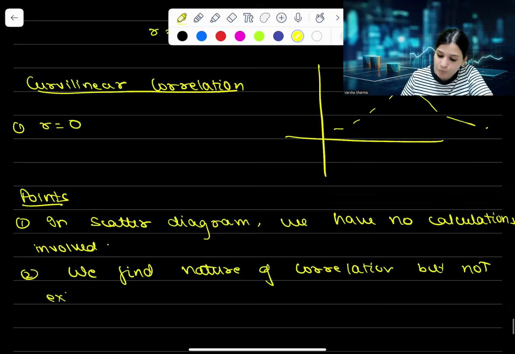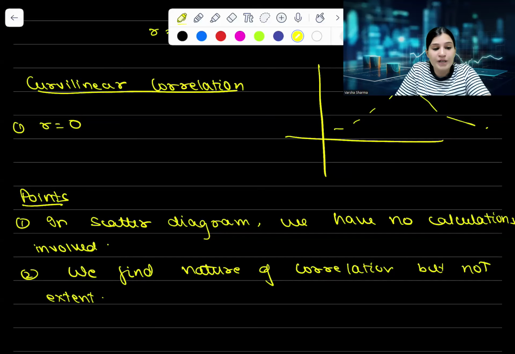I can tell you whether R is positive or negative, but I can't tell you how much it will be, whether R is 0.2 or 0.3. I won't be able to tell you that. Everybody clear here?